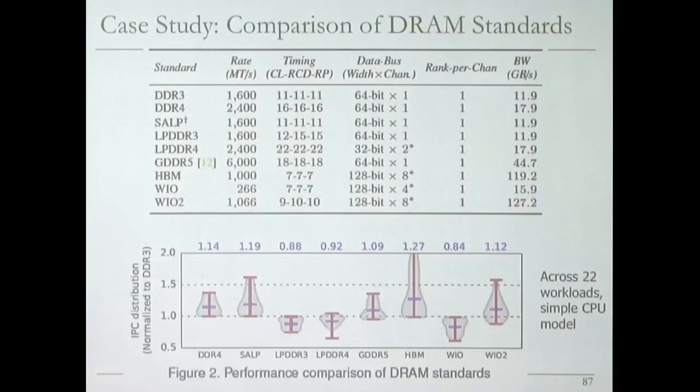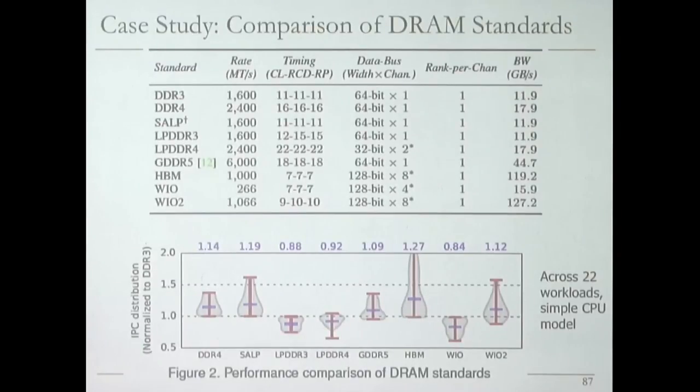And basically, across 22 workloads, you can run a simulation that looks at performance. This is IPC, instructions per cycle, of different DRAM. So you have the same processor. You attach different DRAM to it. And you look at the performance impact of different DRAM. So the baseline is DDR3.